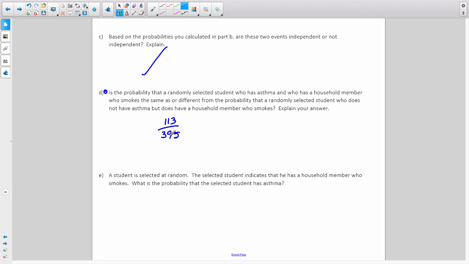So let's go calculate this. Let's calculate a randomly selected student who does not have asthma, does have a household member who smokes. So what comes first? The asthma. So this is the probability of smoking household given the student does not have asthma.